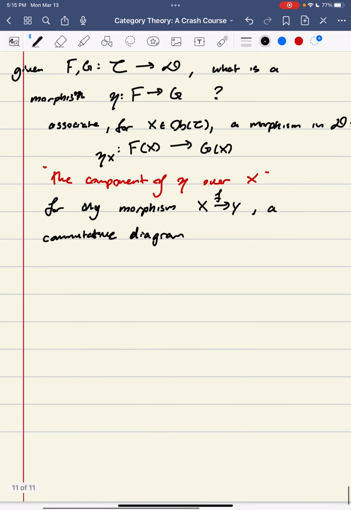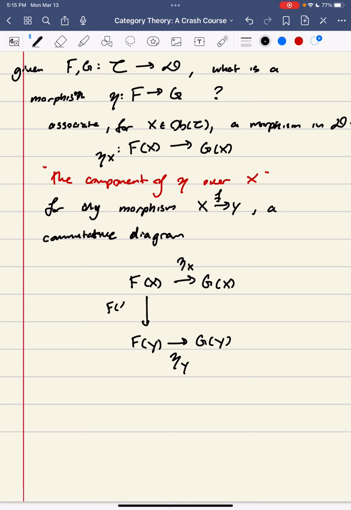So we have a morphism between f and g applied to x, the component of eta over x. I have a morphism between f of y and g of y, which is the component of eta over y. And each one of these functors, F and G, defines a function: F applied to little f and G applied to little f.